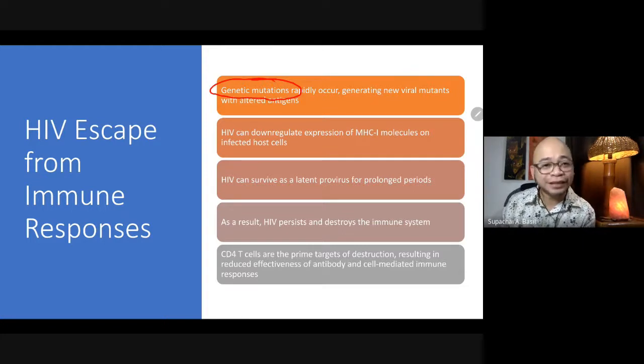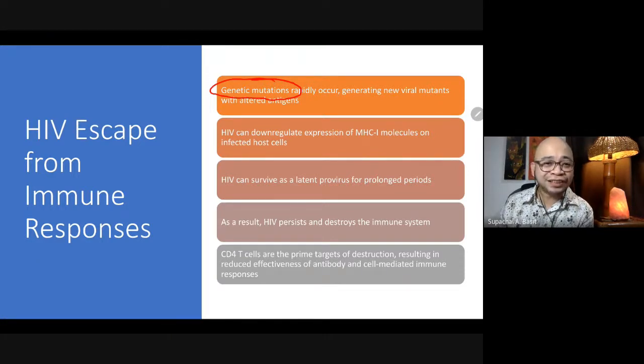Not only that, HIV can also downregulate expression of the major histocompatibility complex 1 molecules on infected host cells. As we all know, if MHC1 expression is affected, then cytotoxic T lymphocytes will not be able to efficiently destroy the CD4 that is infected.